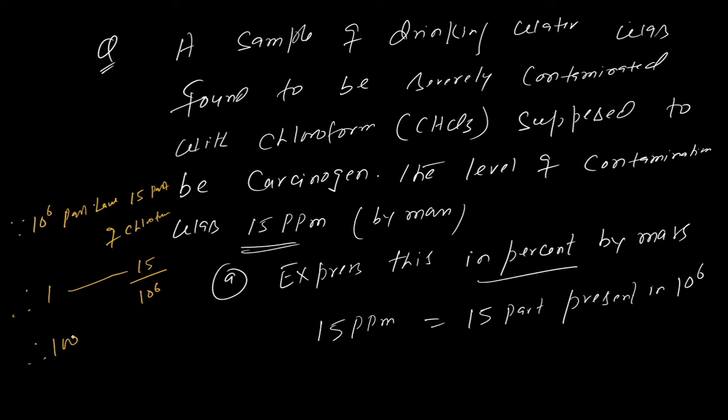Then you have to find it in 100, since they are asking for percent. Percent means 100. So 15 divided by 10 power 6 into 100. Two zeros are cancelled, so 15 into 10 power minus 4, or in scientific notation we can write 1.5 into 10 power minus 3 percent. So this is your answer. Basically you have to convert the ppm using 10 power 6.